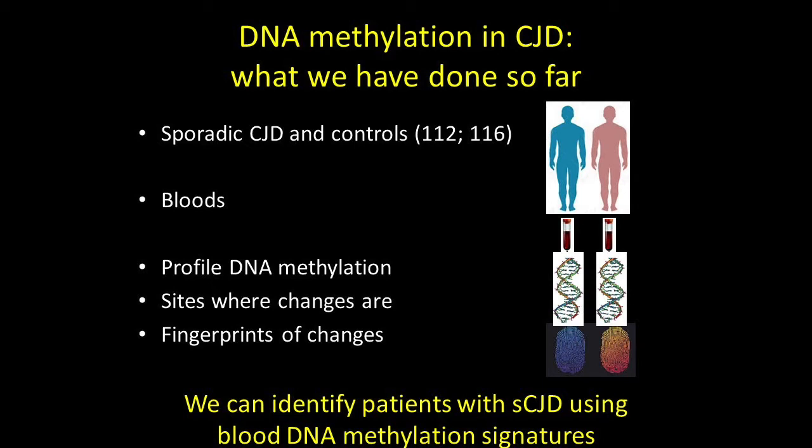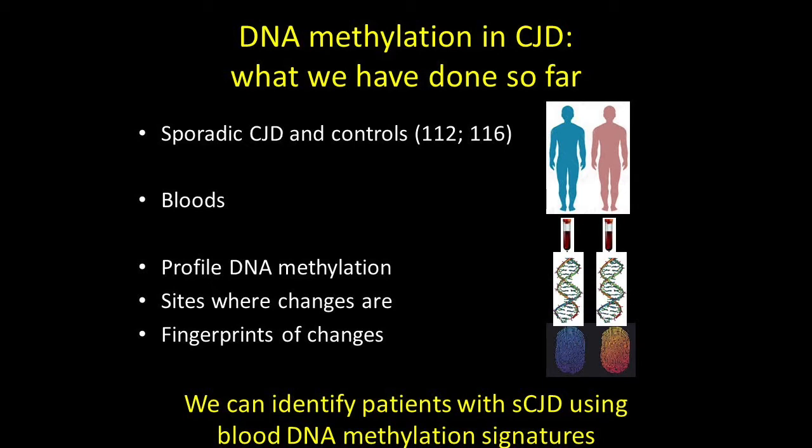Having said that, you now understand why it is so important to us to look at DNA methylation in CJD and better understand its role in the pathophysiology of CJD. This is what we've been doing over the last 5 years.